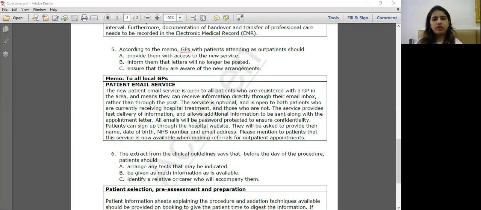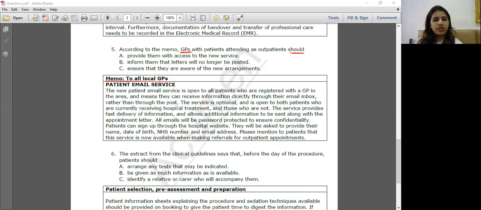It says what the GPs should do, isn't it? GPs with patients attending as outpatients should. So that means this is particularly C, a memo to all the local GPs. This is written mainly for GPs and it is saying what the GPs should do.